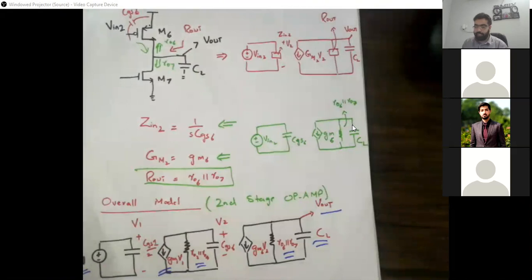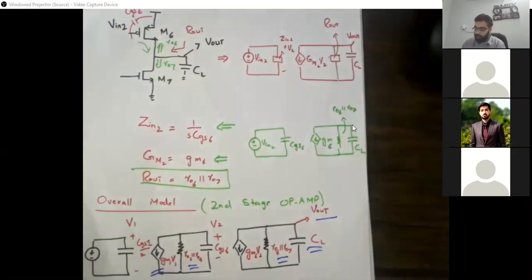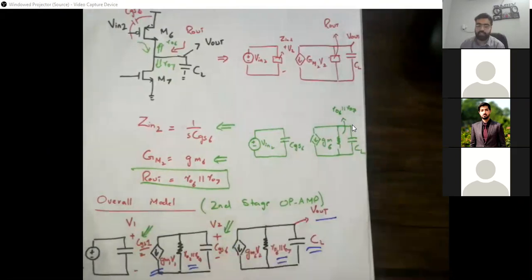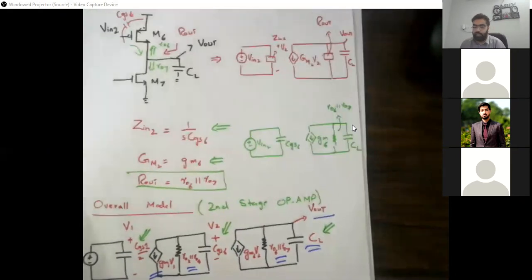So how many capacitances do we basically have? We have this capacitance CGS1/2, we have this capacitance CGS6, and we have this capacitance CL. If you look at it this way, you might see we have 3 poles.